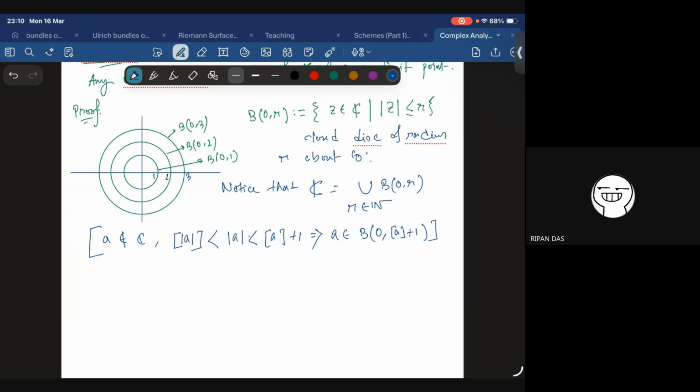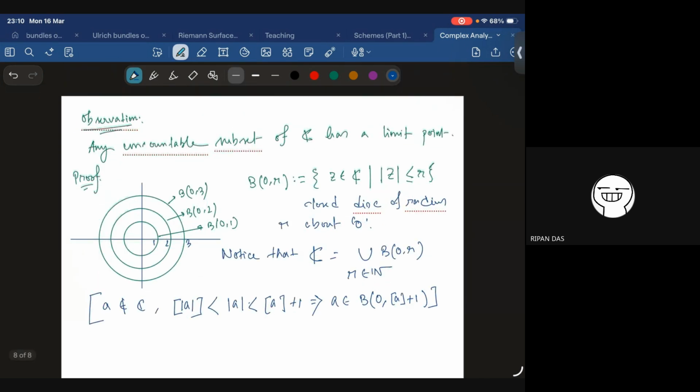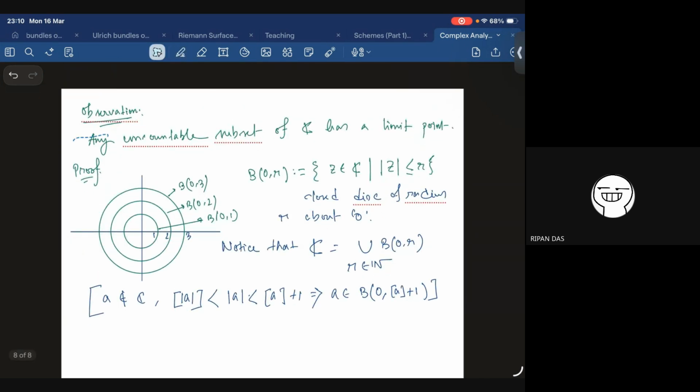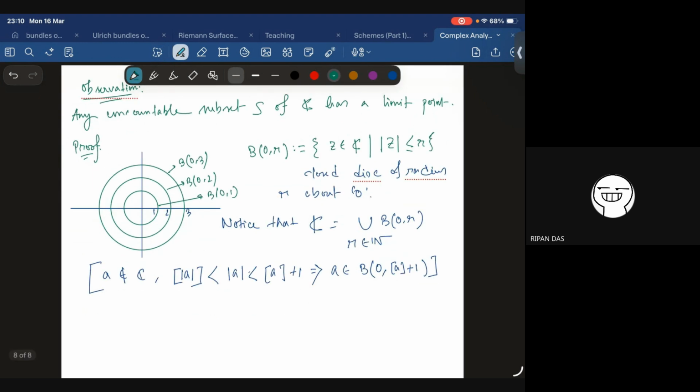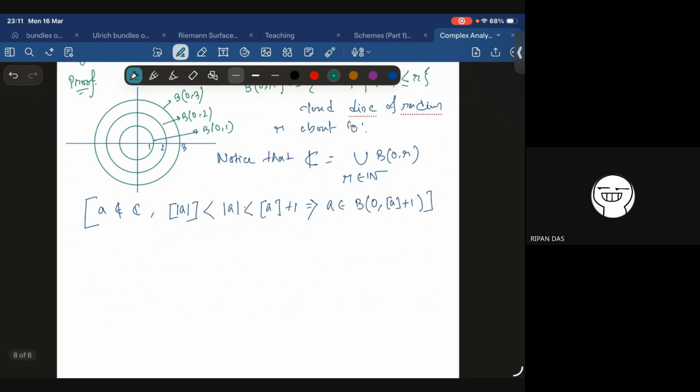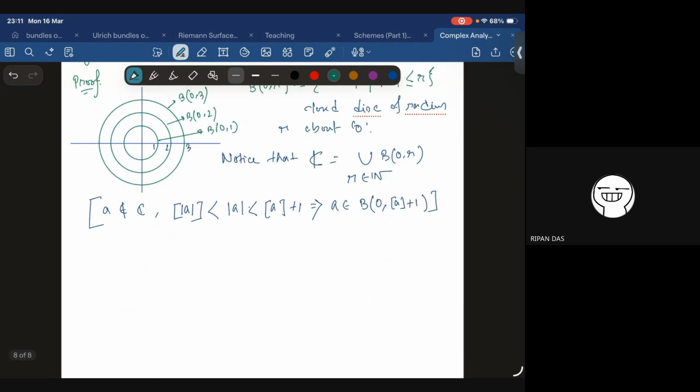Since there are countably many balls covering C, any uncountable subset, let me denote it by S. Otherwise, I'll have to keep writing the same. Since C is this, we write S is what?